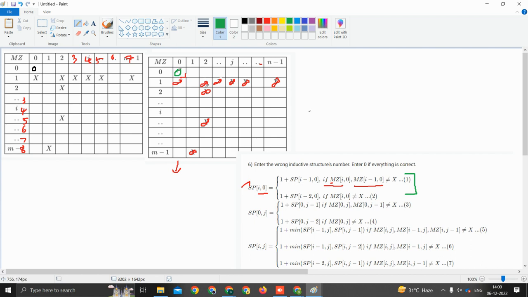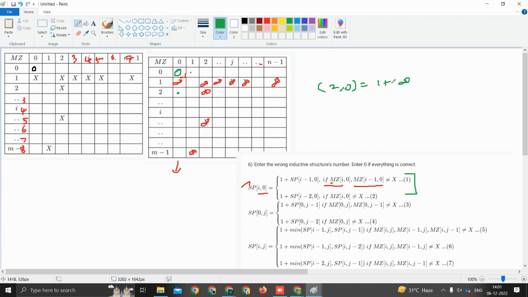So it is saying 1 plus, let's say that we are at this position, which is 2 comma 0. So SP of 2 comma 0 equals 1 plus SP of i minus 1 comma 0. What was that? It was infinity. 1 plus infinity if the previous one is not equal to x.